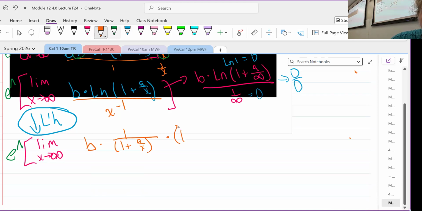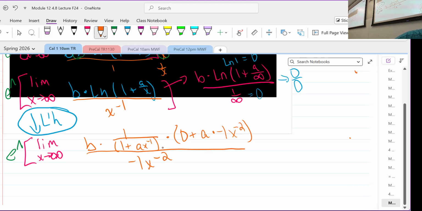So the derivative of 1 is 0, plus a over x, which is the same as ax to the negative 1. So we'll get times a negative 1x to the negative 2, all over negative 1x to the negative 2.